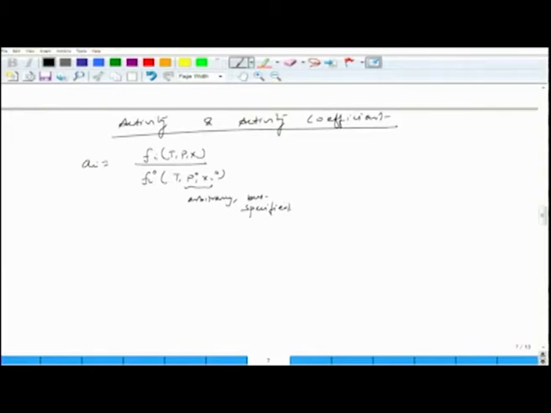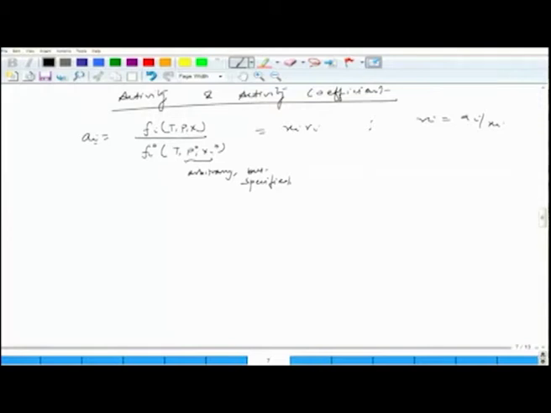And a_i is nothing but x_i gamma_i. In other words, gamma_i is nothing but a_i divided by x_i. This is something which we already know, so I am defining it here. Now let us see how we can connect this gamma_i or a_i to the G_i excess.